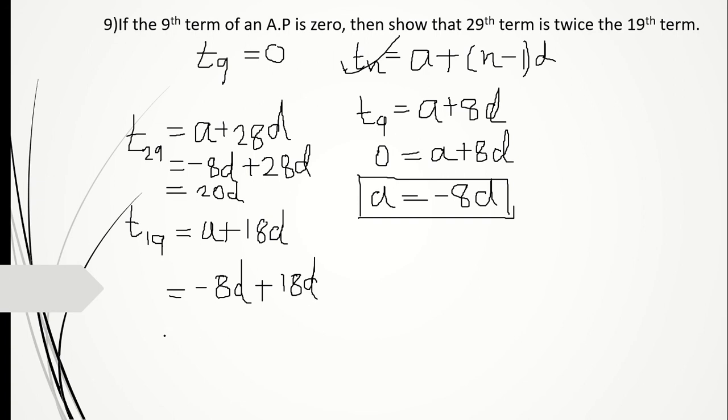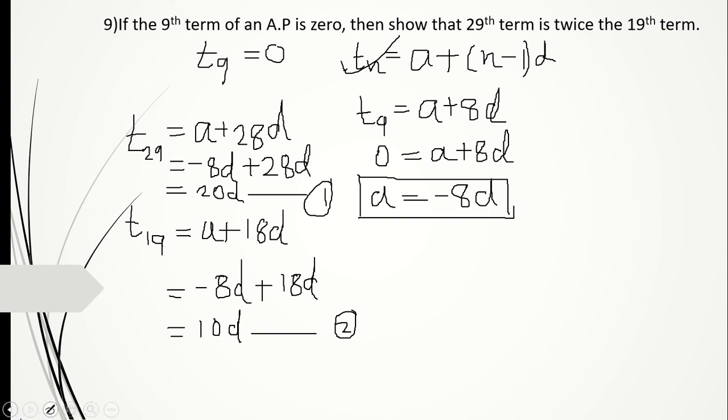So T of 19 is 18 minus 8 is 10, 10D. So from here itself you can see T of 29 is 20D, and T of 19 is 10D. So this is 10D and this is 20D. So T of 29 is double, twice that of T of 19. So if the 9th term is 0, then surely the 29th term is twice the 19th term.